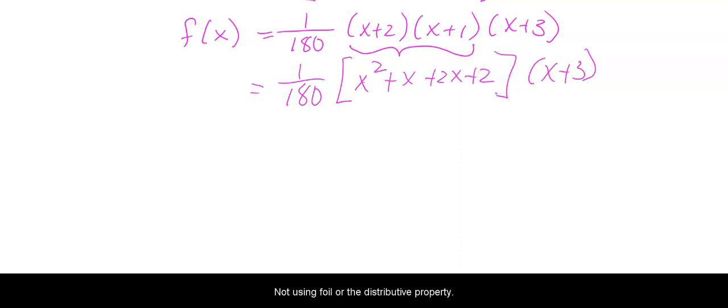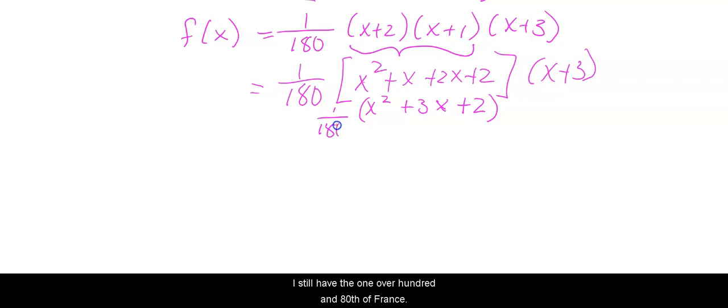That's using FOIL or the distributive property. This would lead to x squared plus 3x plus 2. I still have the 1 over 180 at the front and the x plus 3 factor at the back.